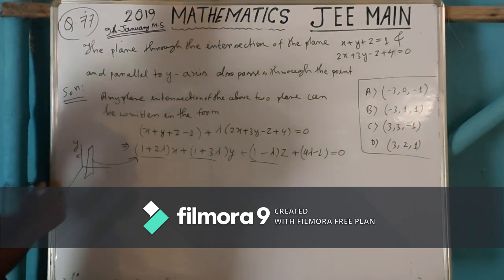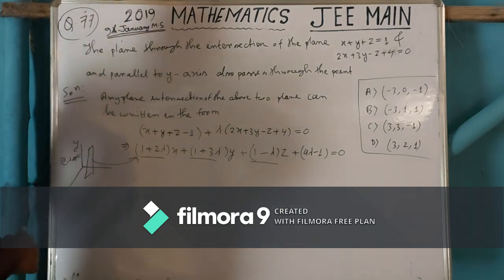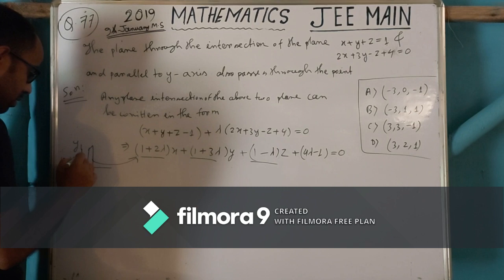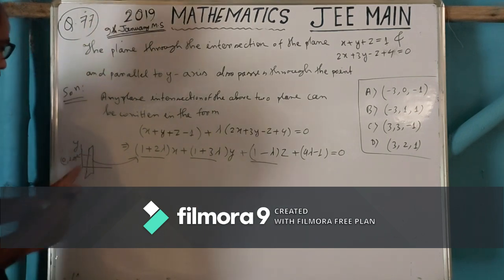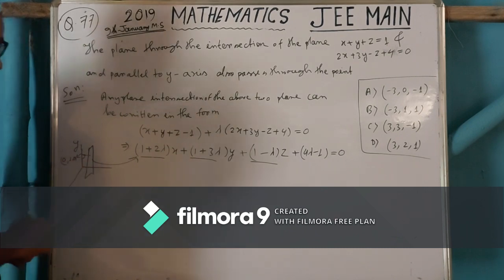and we know the DRs of this y-axis are 0, 1, 0, and this is the DRs of the normal to the plane. So here we see that this angle will be 90 degrees.